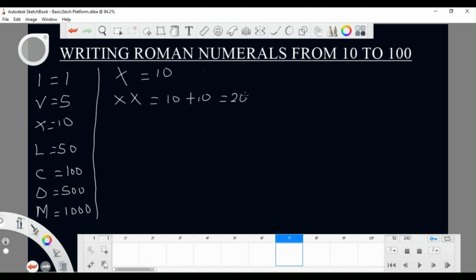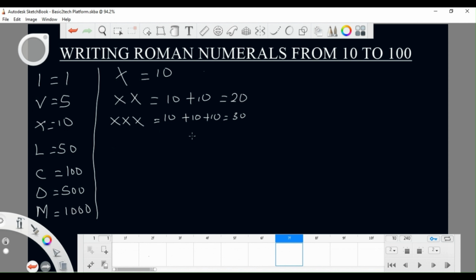Now 30 should be X plus X plus X. Remember, we can repeat a symbol up to 3 times. So this is 10 plus 10 plus 10, that is 30.